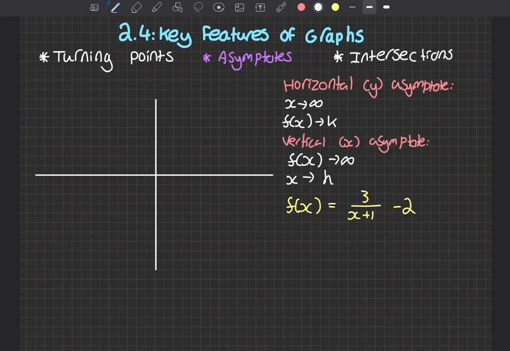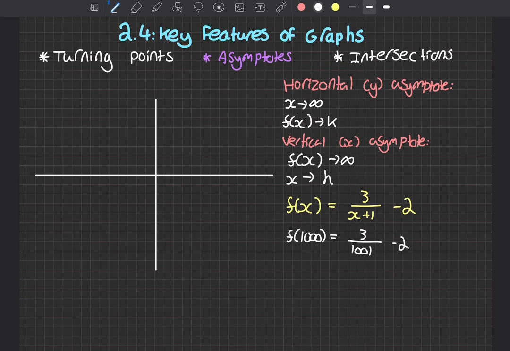So again, we said with the y asymptote is as x becomes a really big number, f of x becomes some kind of value. So here we want x to be a really big number, right? So let's say f of x, or the function of 1,000, and this would be 3 over 1001 minus 2.